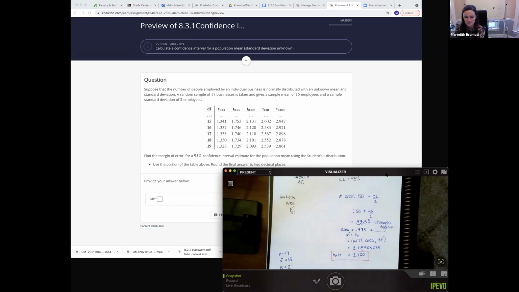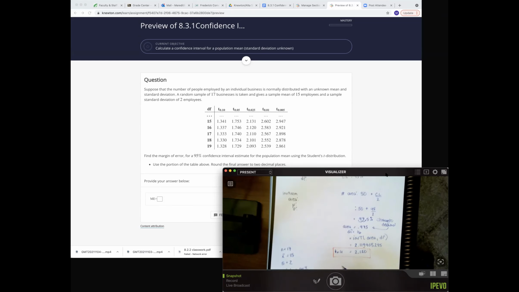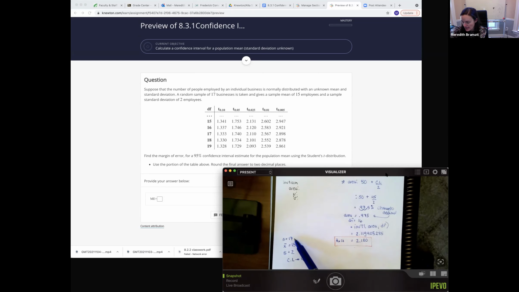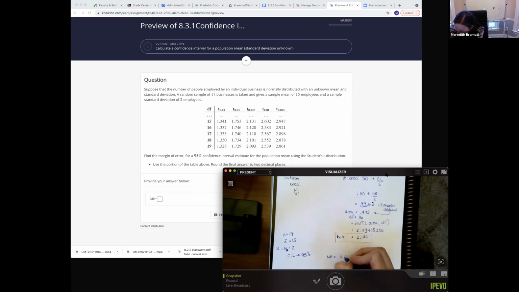Thank you. So I have my n, I have my sample mean, I have my sample standard deviation, which in the calculator would be Sx. We're going to get to that just so you can start to see it and have it in your notes. The confidence level is 95%. The margin of error is equal to t alpha over 2 times s over the square root of n.